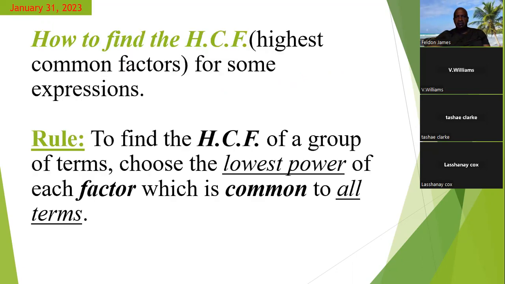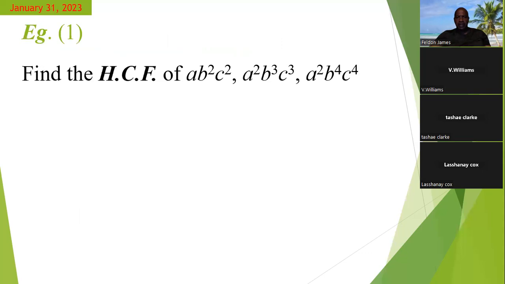And we say in order to find HCF, especially for the letters, we choose the lowest power of each factor which is common to all expressions. We would have gone through this in a previous class. If we have these terms, and we say find the HCF for these terms in terms of letters, can anybody remind us how to go about finding the HCF for these terms?